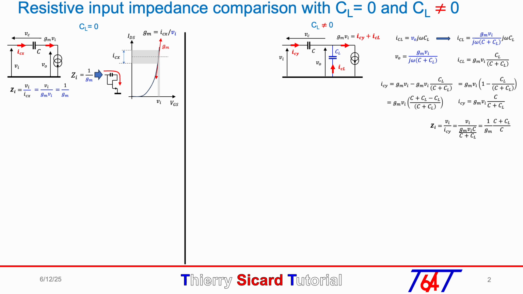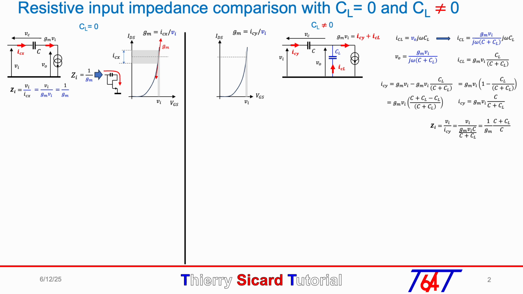To compare with CL equals 0, we can plot again the characteristic IDS versus VGS, with the same dotted line representing the DC point current operation of the common source amplifier. The dynamic transconductance is ICY over Vin, so a small Vin variation will create an ICY current variation.